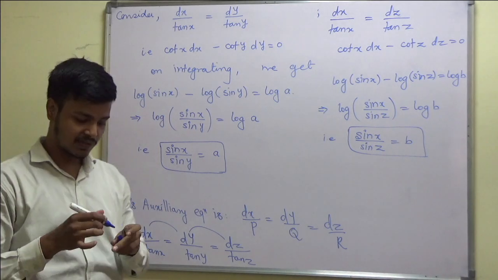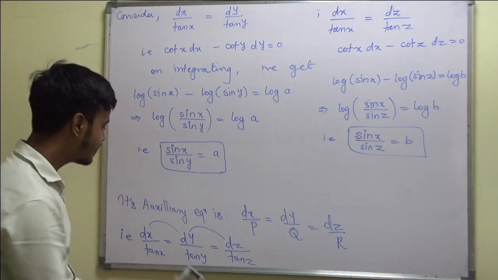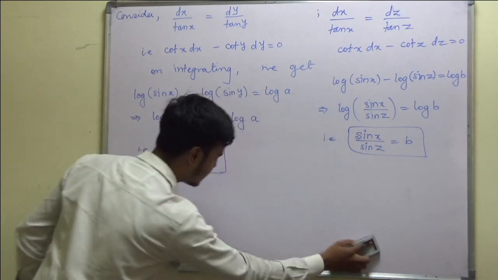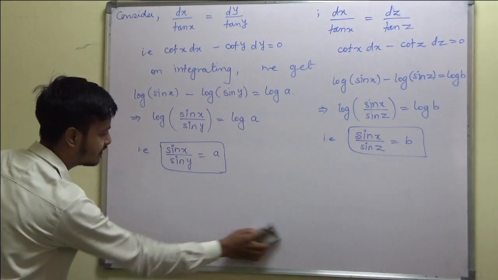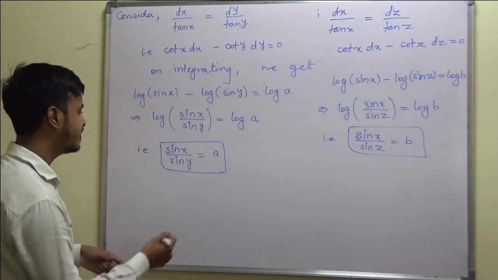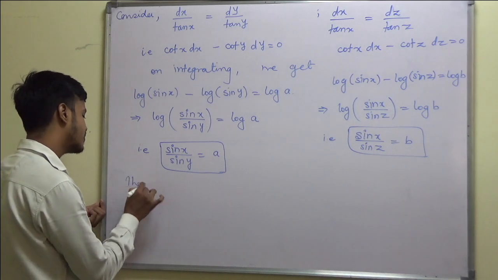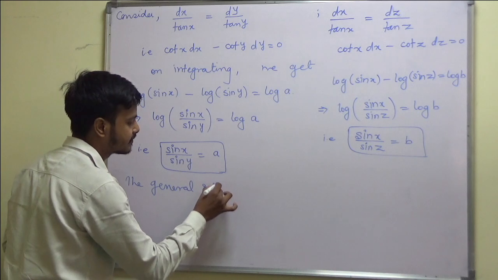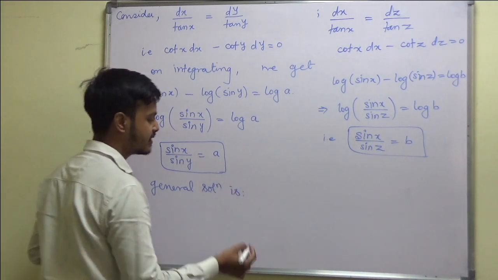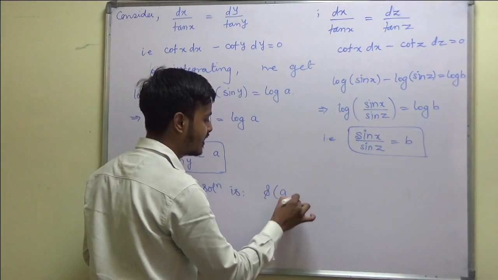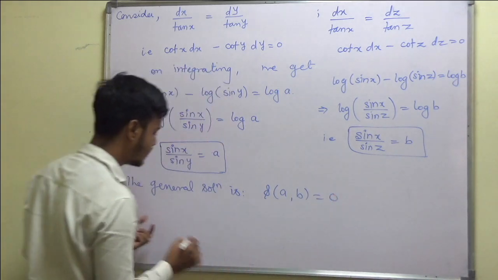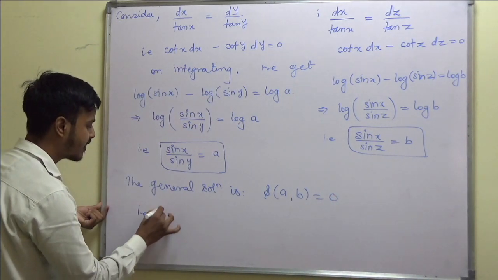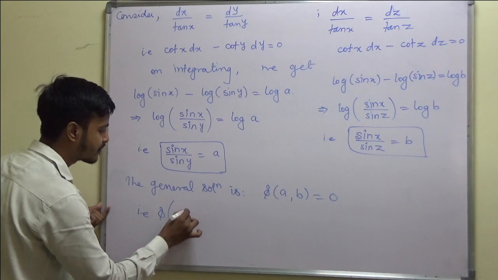Now at last, you are smart enough to write down the final answer. So what is the final answer? The final answer is the general solution. The general solution is phi of (a, b) is equal to 0. That is, phi of, what is a?